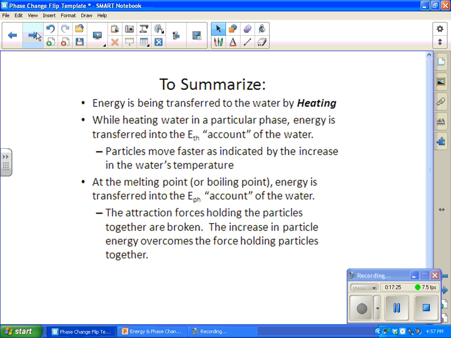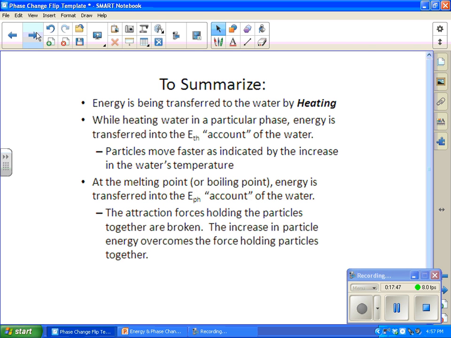Okay, let's summarize what we've talked about so far. In a phase change diagram like that, when we take a solid, pure substance and heat it over time to get to a gaseous substance, energy is being transferred to the water, or whatever pure substance, by heating.